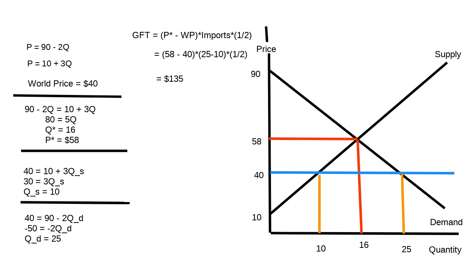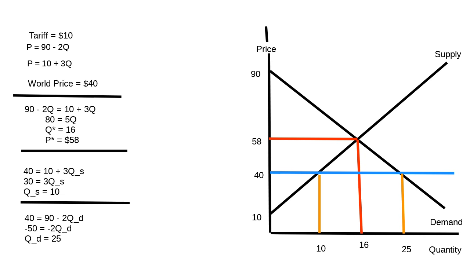But now we're going to add an additional wrinkle, and we're going to say that we have a tariff. And then we're going to calculate the deadweight loss with that tariff. So we're adding a tariff of $10. So as we know, a tariff is a tax on imported goods.